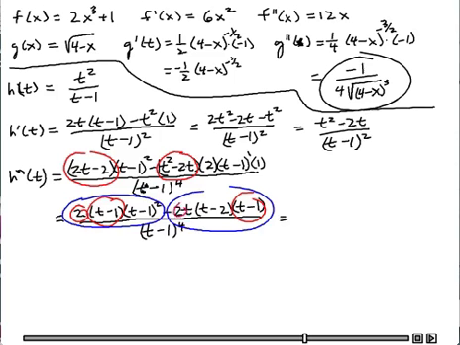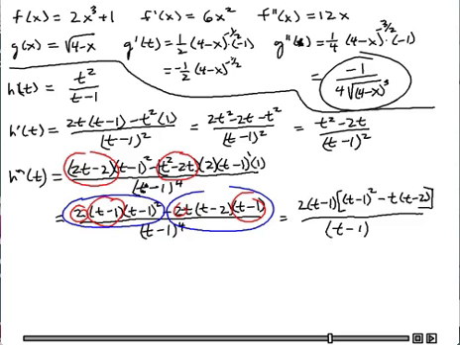So I'm going to write this as 2 times (t minus 1) times the quantity (t minus 1) squared minus t times (t minus 2). And then in the denominator I have (t minus 1) to the 4th.